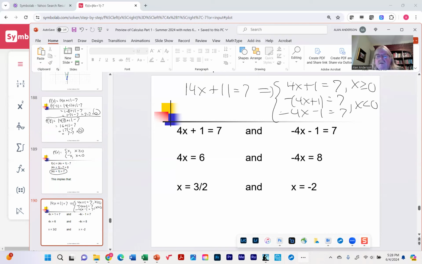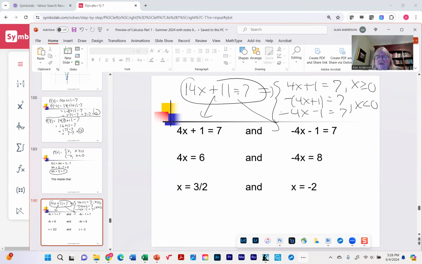So what we're doing is algebraically taking this expression and splitting it up into two pieces. Here, we basically just drop the absolute value signs. And over here, we multiply everything inside the absolute value signs by -1. And then we just solve for it the normal way.